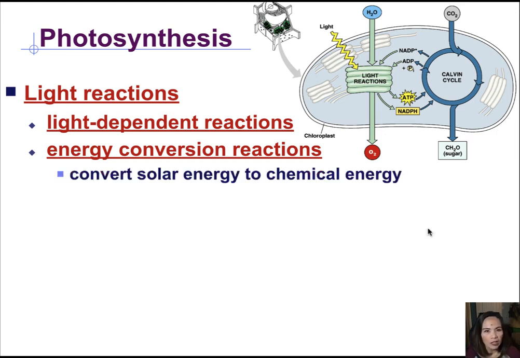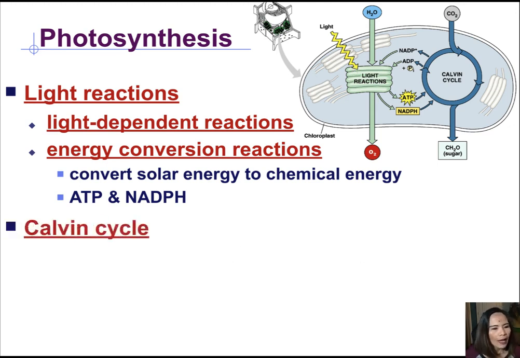Now, the energy or solar energy is basically converted here into chemical energy. Now, since this converts the solar energy to chemical energy, of course, it needs ATP and NADPH in the process.